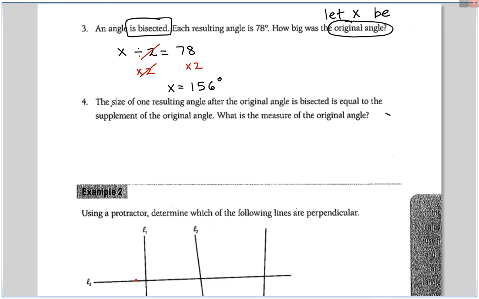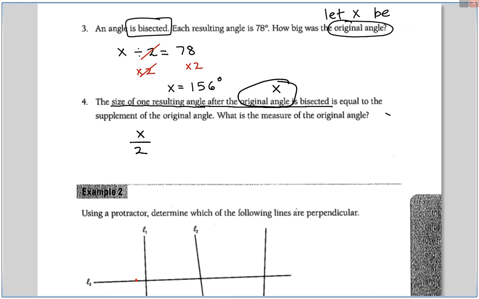So let me help you with this. It says the size of one resulting angle after the original angle is bisected. So again, let's let x be the original angle. So x divided by 2, and I'll use a different notation than what I used above, just because there's going to be more information on the equation.